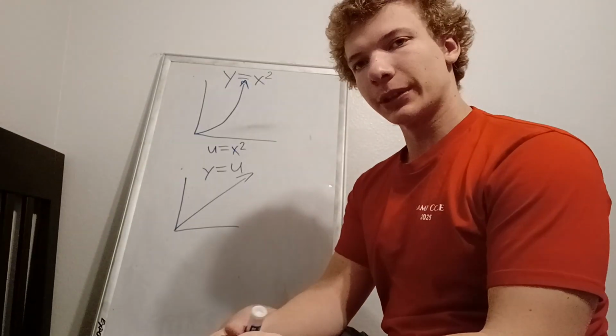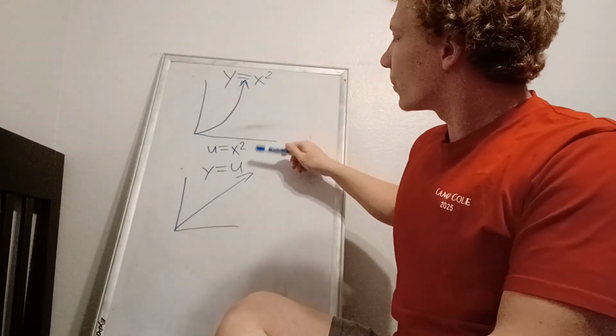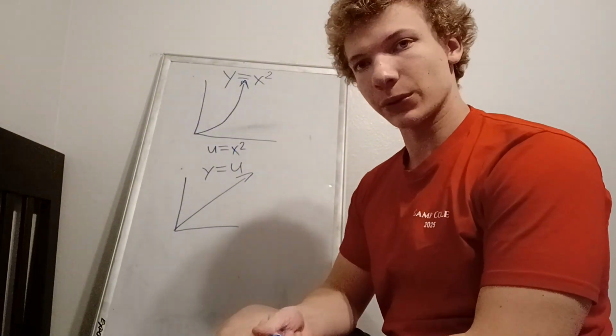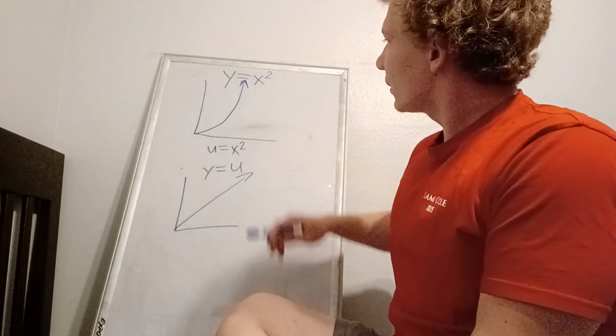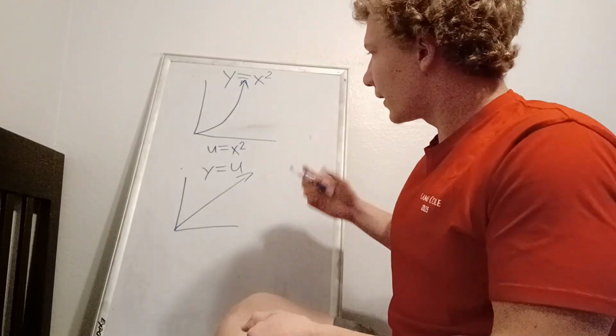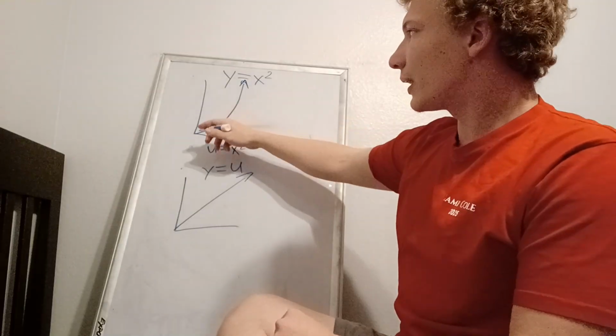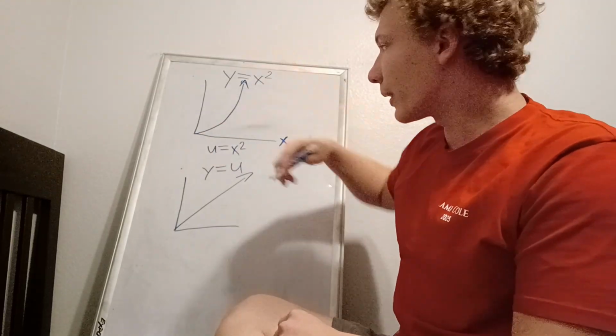Now let's talk about it in a sense that's more closely related to integration by discussing the graphs of certain functions and then applying a U-substitution and what that resulting graph would look like. In a similar case, we're going to use a U-substitution as u equals x squared. But now let's consider the two graphs. For y equals x squared, if this axis is x, and of course this is y, then we get this parabola shape, right?